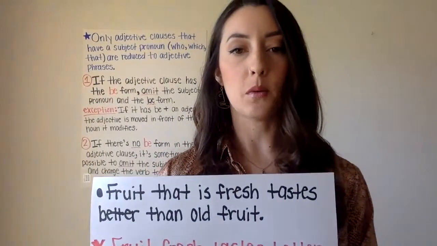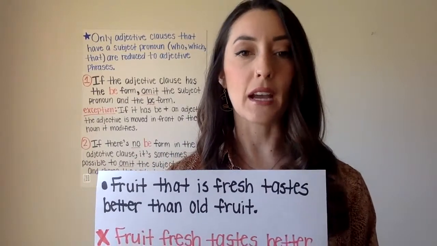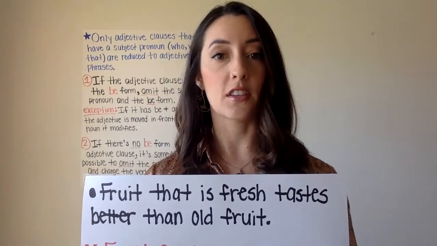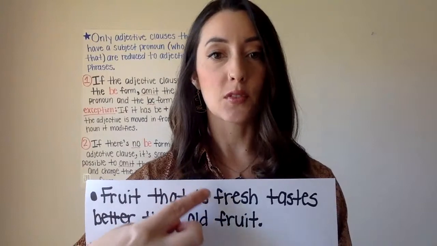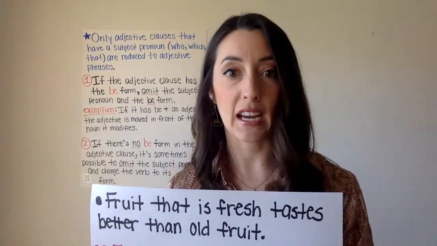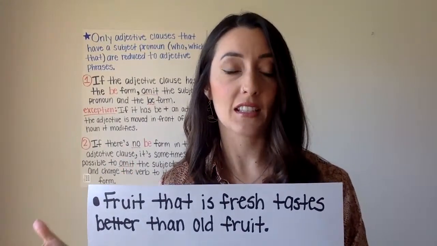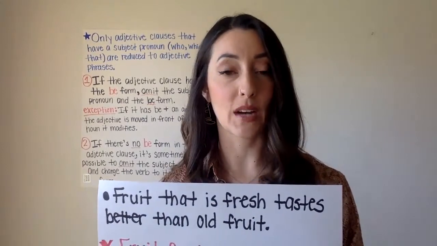So for example, fruit that is fresh tastes better than old fruit. So we see that this has the verb form is, so we know we need to make this an adjective phrase. We need to take away the subject pronoun, which is that, and we need to take away the verb be, which is is.